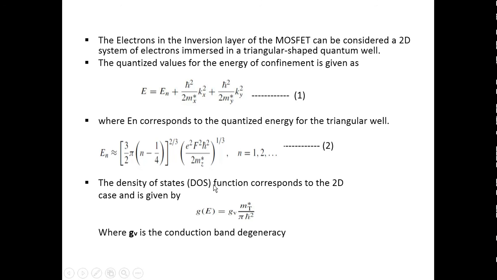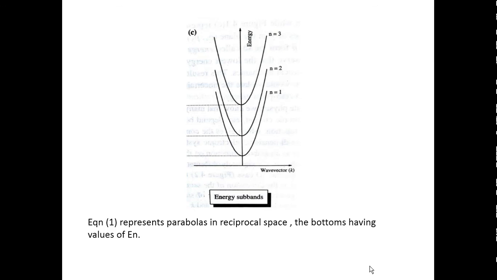The density of states function corresponding to the two-dimensional case is given by G equal to gv m* T divided by ħ², where gv is the conduction band degeneracy, which we have already seen. And these are the energy subbands shown here.